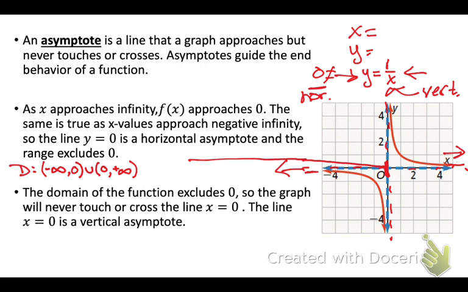Our range then is our outputs, right? Our y's. Well, you always go bottom to top, right? Is it going to negative infinity? Yeah, so it's negative infinity.